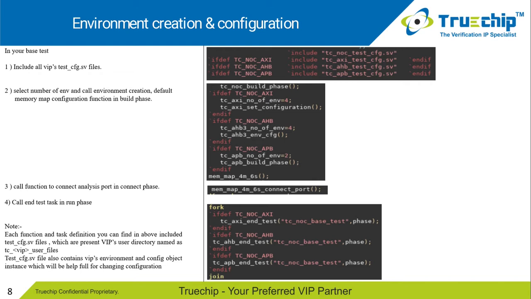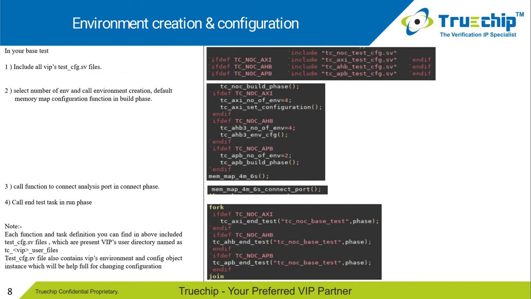We have taken the example of 2 master VIPs and 2 slaves, that's why it's set to 4. The same way for AHB and APB. For APB we have only 2 APB slaves. And at the end, the memory map configuration function.